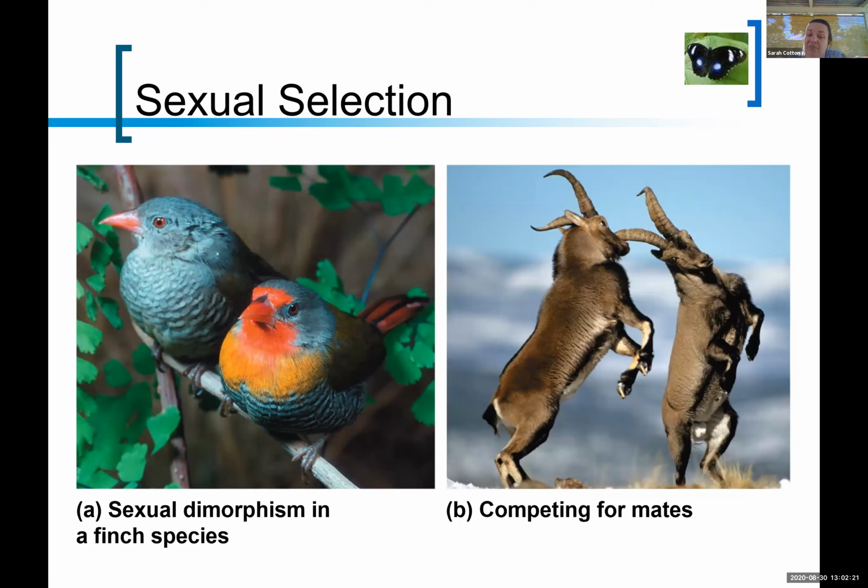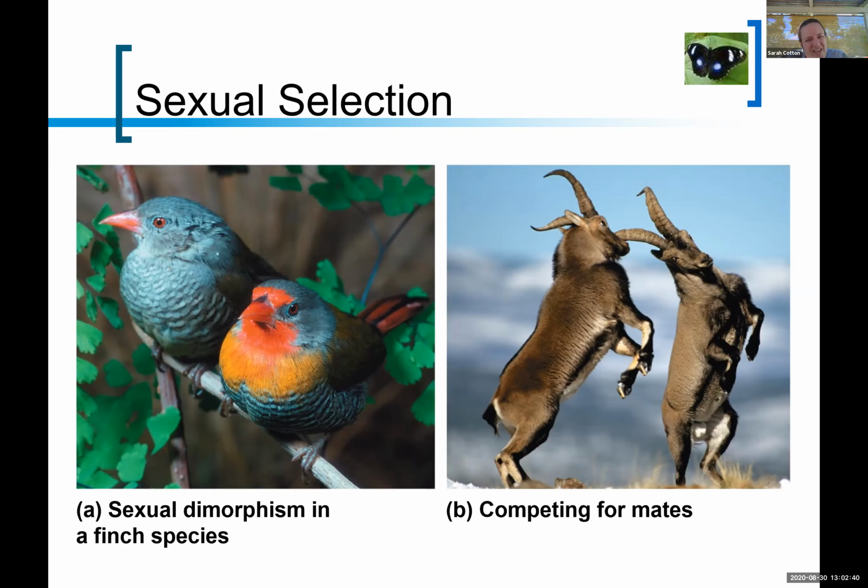So that's another type of sexual dimorphism that we often see in certain mammals, okay? Generally males have bigger horns or antlers than females typically. Sometimes females don't have them at all. It depends on who you're talking about, but okay.